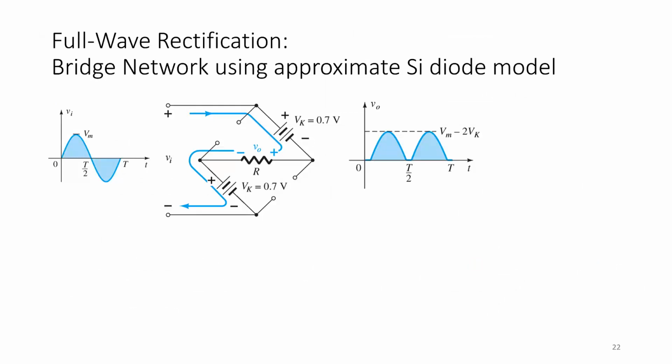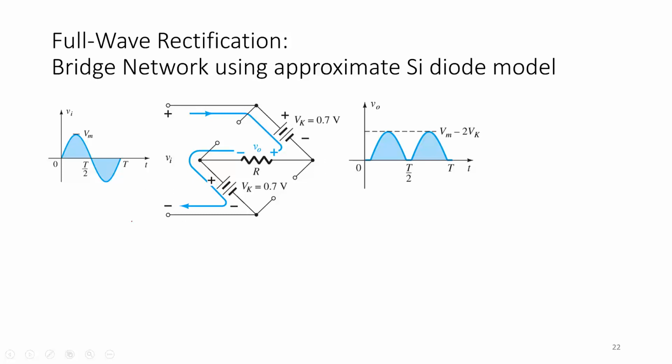So what happens if the bridge network now has diodes that are represented by an approximate silicon diode model, meaning that it's no longer an ideal diode, but instead a diode that is represented by its forward voltage when it turns on.